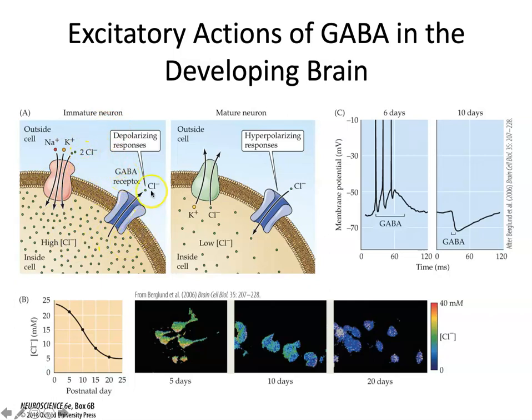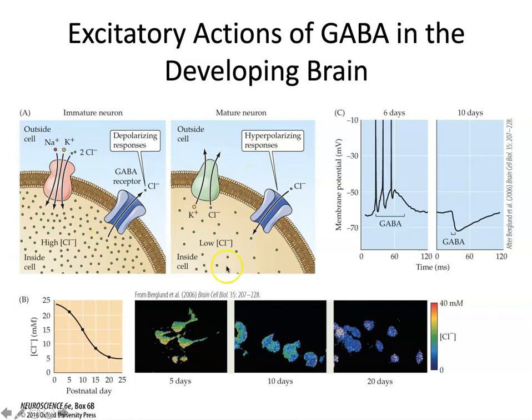And so the receptor itself would utilize the difference in concentration of chloride ions during development, where the inside of the cell would have high concentrations of chloride ions, and so they would be transported outward. And so you would result in a depolarization event versus an inhibitory event.